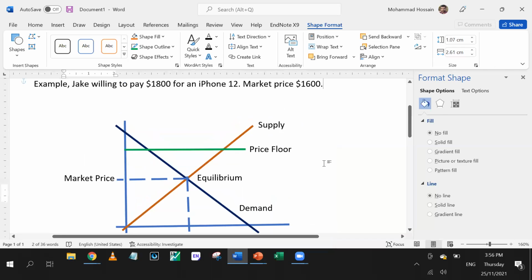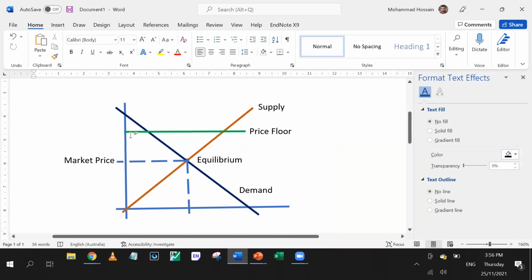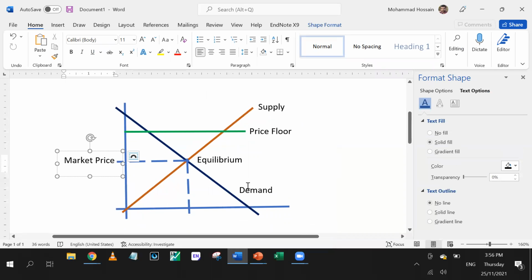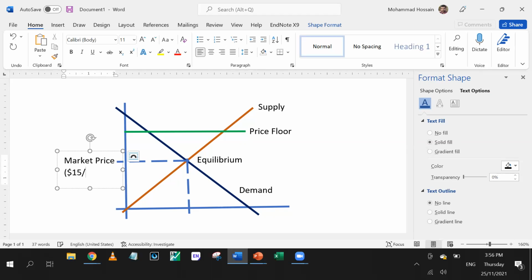All right, so this is the situation we have. If government decides to set a price floor, let's say people are willing to work at a price of, for example, $15 per hour. This is the market price we have for the labor market.